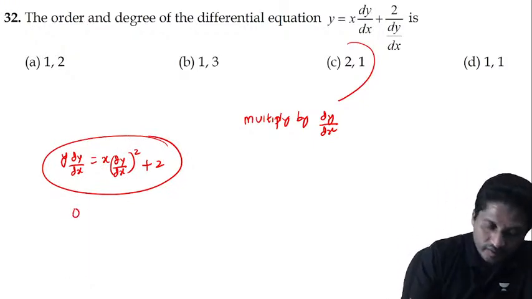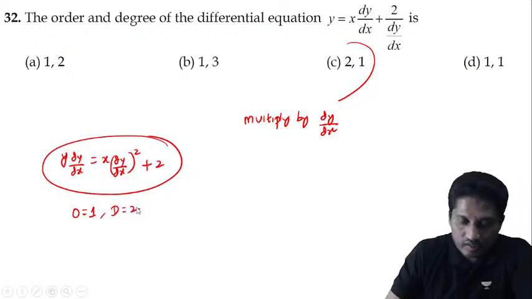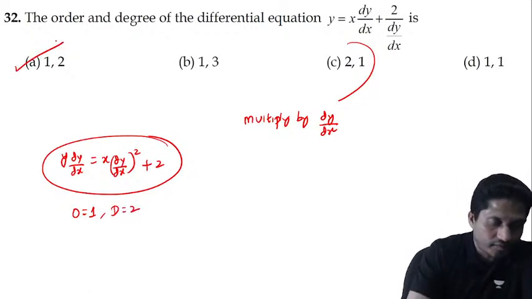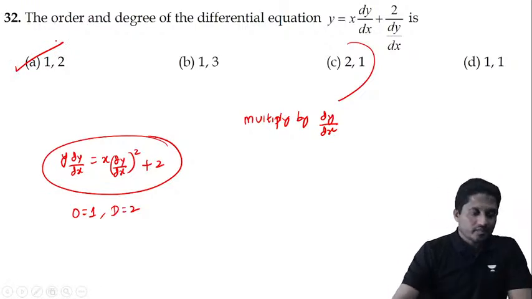Order will be equal to 1 because it's a first order derivative. Power of that is 2, so degree is equal to 2. Order is 1, degree is 2. It should be first option. Right, let's move to the next question.